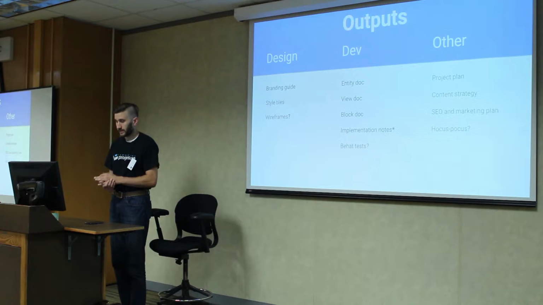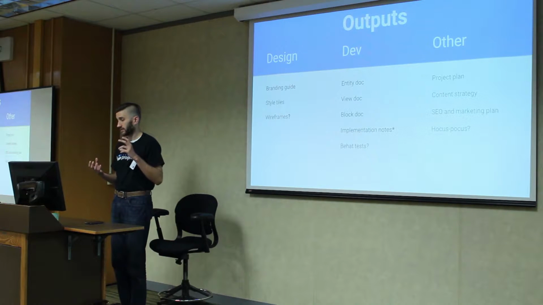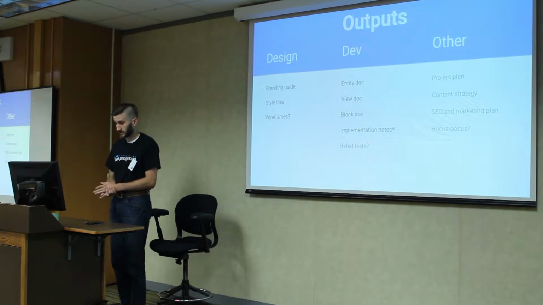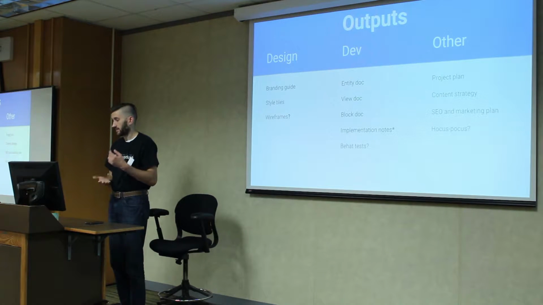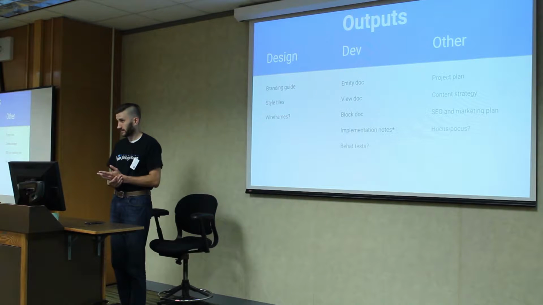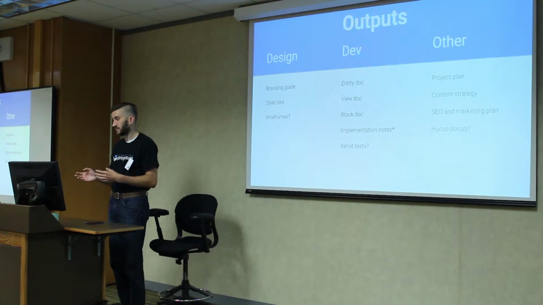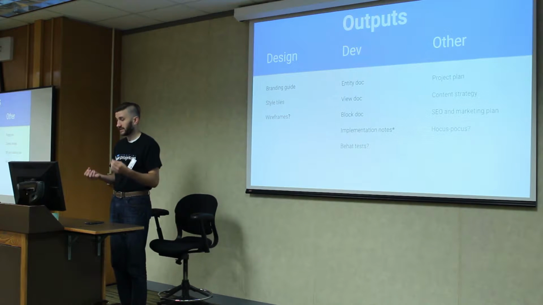So user stories is one method of that implementation side of things. The entity doc, view doc, and block doc is really more of a technical specification as opposed to a functional one. And then the question mark with Behat tests is, if you've seen Behat, is anybody familiar with it? So it's a behavior-driven development testing tool, and it takes pseudo-English user stories, and you can just run them as tests.